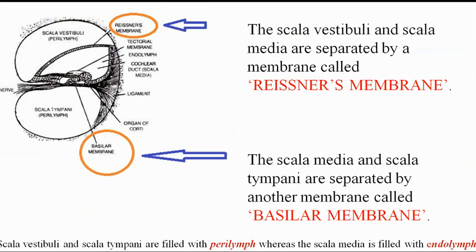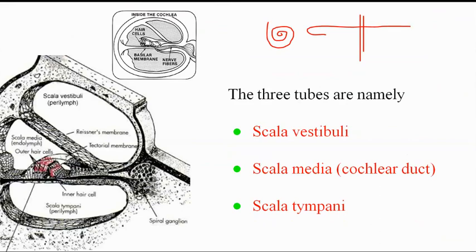Here in this scala vestibuli, you see the presence of perilymph. It is filled with perilymph, and it is divided from the middle one, which is called the scala media.